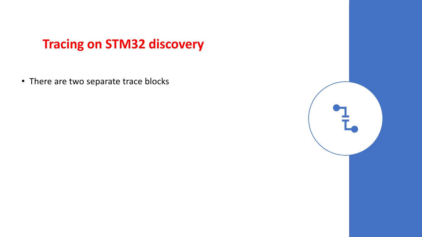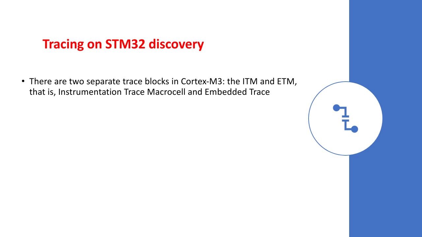There are two separate trace blocks in Cortex M3, the ITM and ETM. That is instrumentation trace macro cell and embedded trace macro cell. The names tell nothing about the difference between the two.